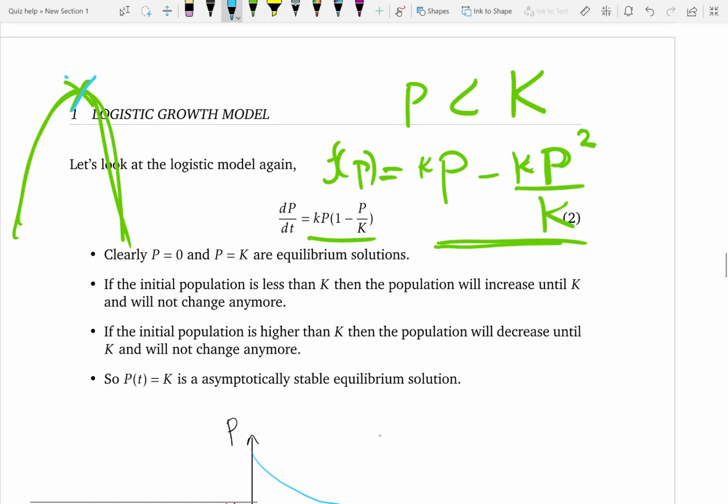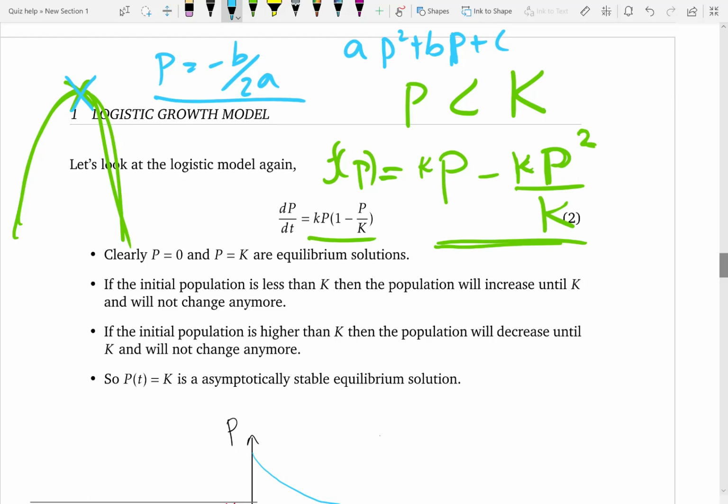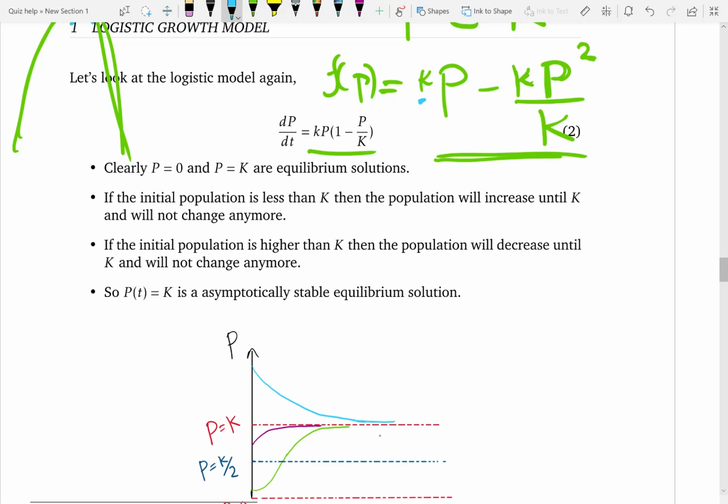Remember the vertex, where does the maximum occur? The maximum occurs when P is equal to negative b over 2a, right? If you have aP squared plus bP plus c, the maximum occurs when P equals negative b over 2a. So here b is k, and 2 times a is negative 2k over capital K.